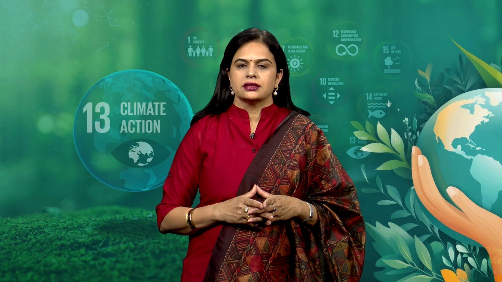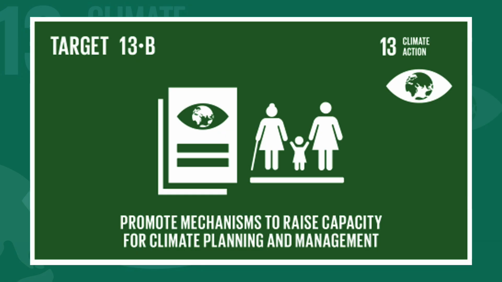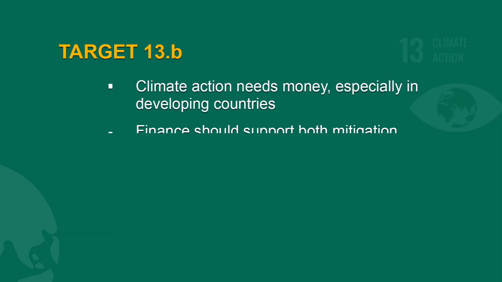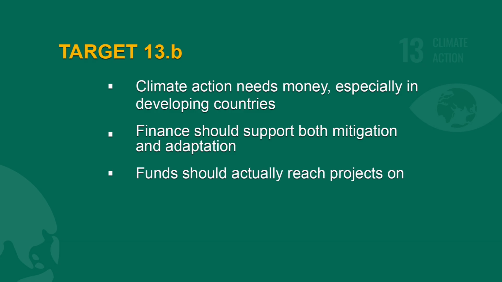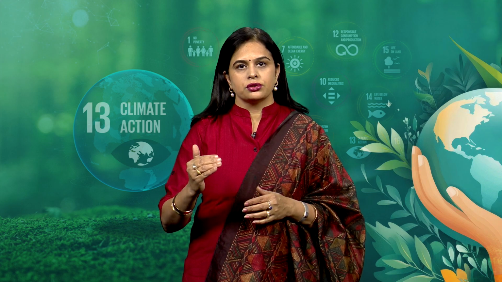Target 13.b is related to promoting mechanisms for raising capacity for effective climate planning and management in least developed countries and small island developing states, with a focus on vulnerable groups. What does it mean? In simple language, support the countries that have the least resources and the highest risk. It is related to capacity building, technology support, planning support. The inclusion of disadvantaged groups is a part of the spirit of this target, even if indicator wording changes over time.